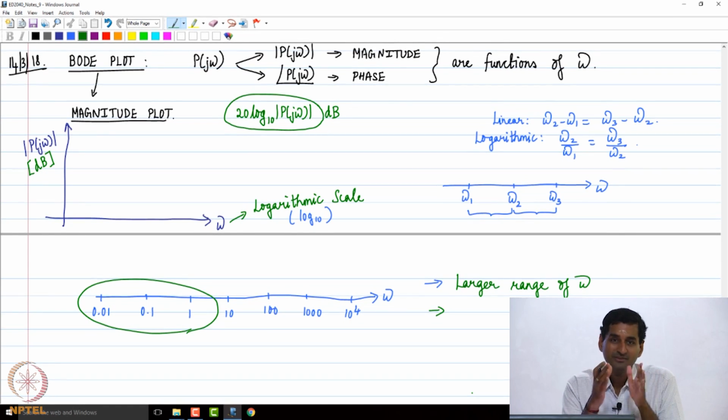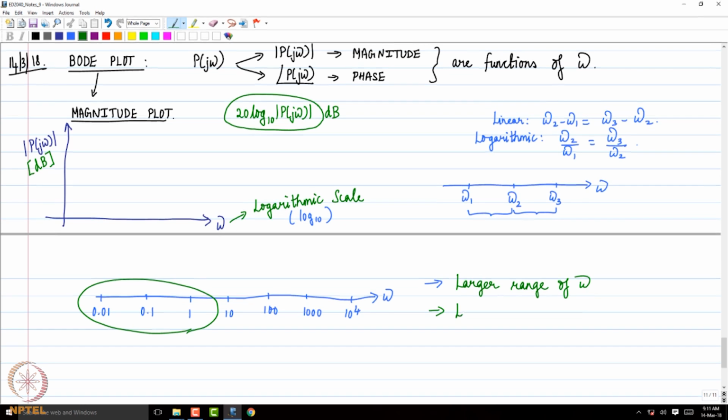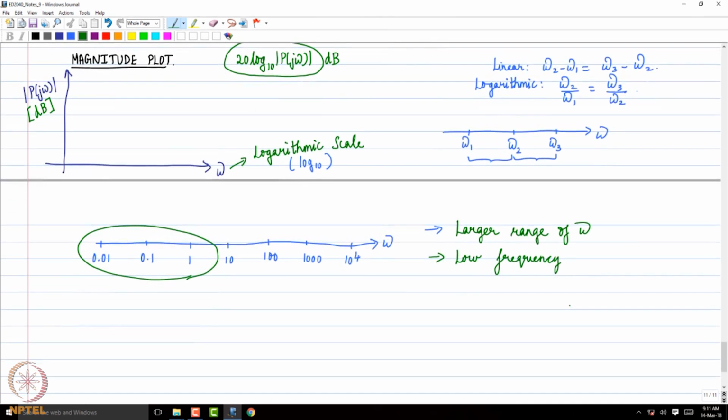So 0.1 is going to lie between 0 and 1. 0.01, if you want to plot, it's going to be very difficult in a linear scale. On the other hand, in the logarithmic scale, you can really expand the low frequency region, right. So that's something which is also of interest to us.